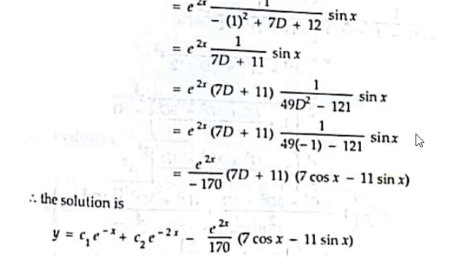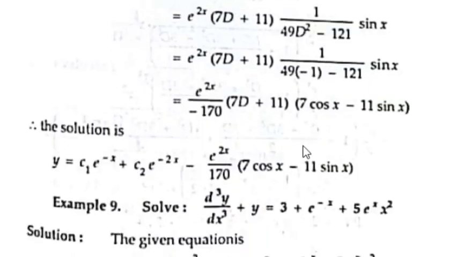So 7d sin x means 7 cos x, minus 11 sin x. So we get e raised to 2x by minus 170 into (7 cos x minus 11 sin x), since we operate on this term only.